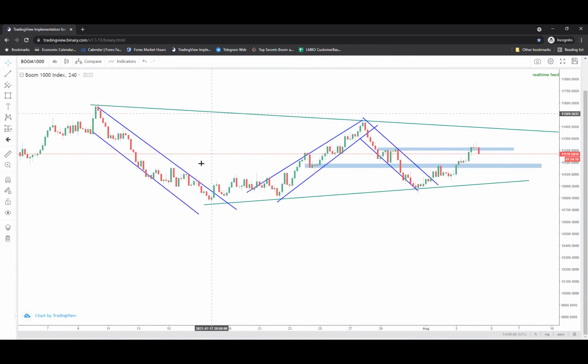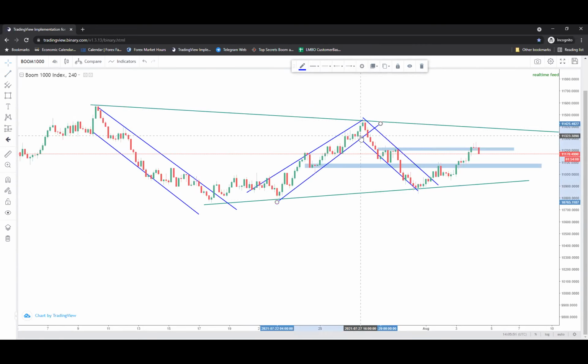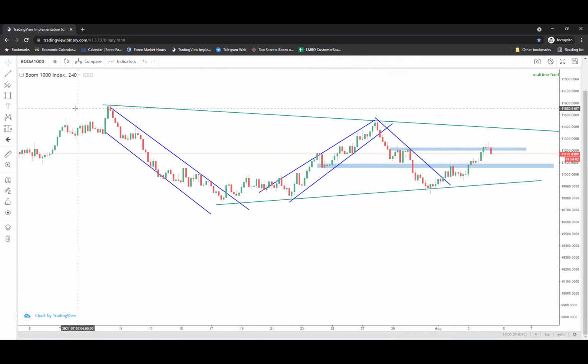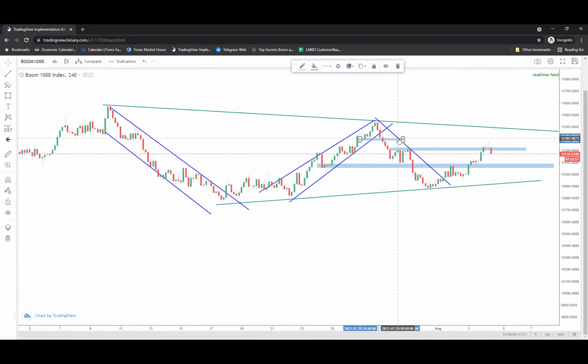You draw the trend channel on the 4 hour, and if you see these confluence points intersecting, you should really understand that this is the area. If it is not giving you any kind of sign for the buy here, then it is a downtrend in the boom. Always it happens like that.